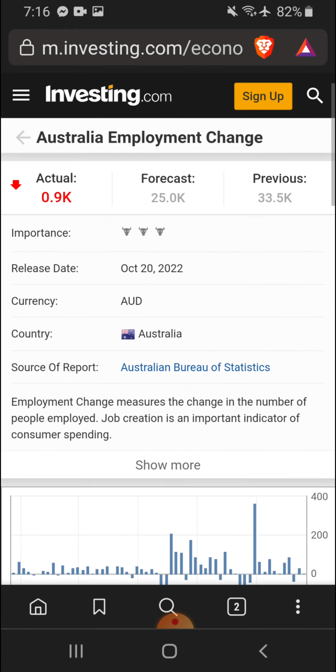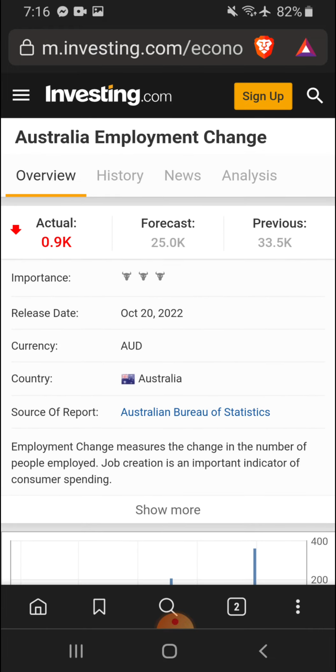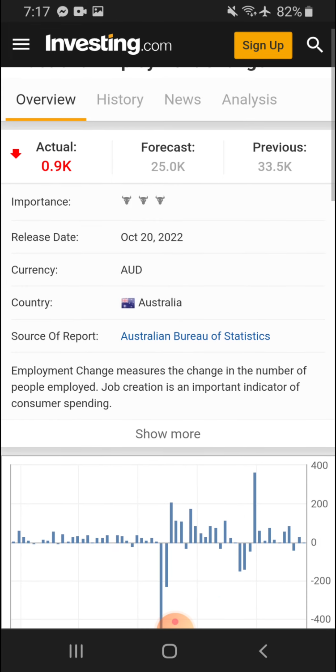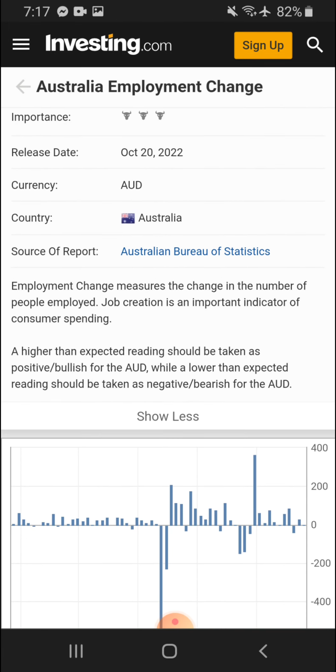Here it says employment change. Employment change measures the change in the number of people employed. Job creation is an important indicator of consumer spending. A higher than expected reading should be taken as positive or bullish for the Australian dollar, while a lower than expected reading should be taken as negative or bearish for the Australian dollar.